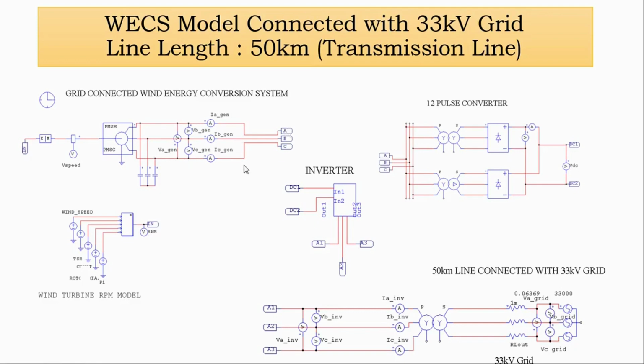The system is connected in star, with the ABC terminals, and it is connected with the 12 pulse converter. The major drawback of this model is that one should go for the closed loop of this model to get good results of DC link voltage. Then it is connected with the inverter circuit.